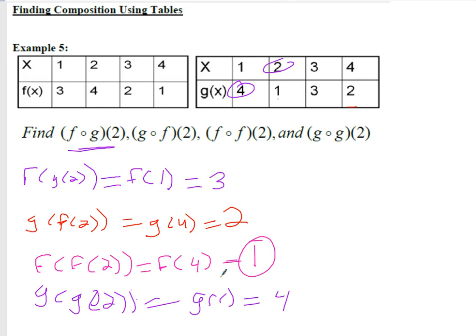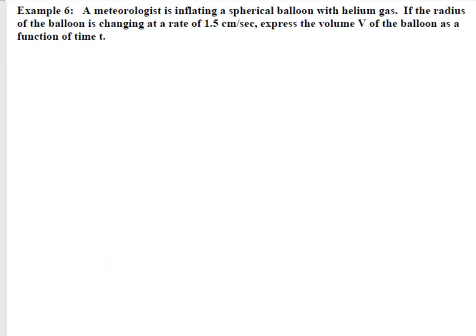Okay. We have a word problem example here. A meteorologist is inflating a spherical balloon with helium gas. The radius of the balloon is changing at a rate of 1.5 centimeters per second. Express the volume of the balloon as a function of t. The first thing that we have to know is that the formula for the volume of a sphere is 4/3 pi r cubed.